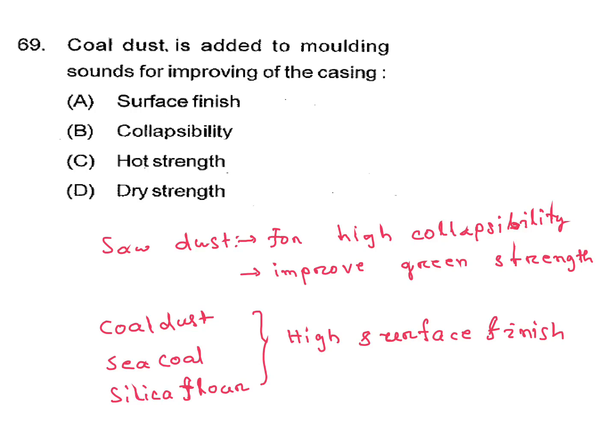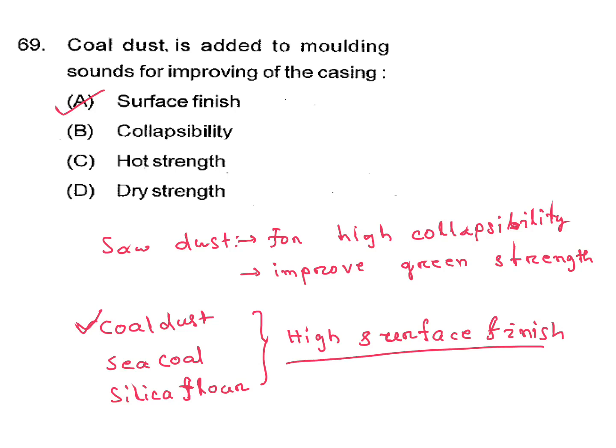And coal dust, sea coal and silica flour, they are added to molding sands to increase the surface finish. So coal dust, answer is high surface finish. A is our answer.